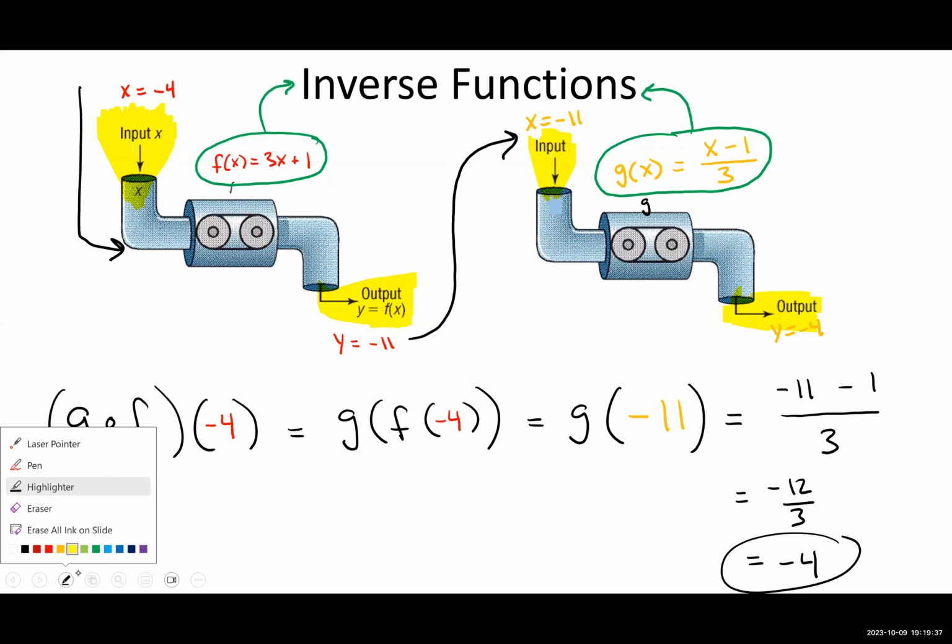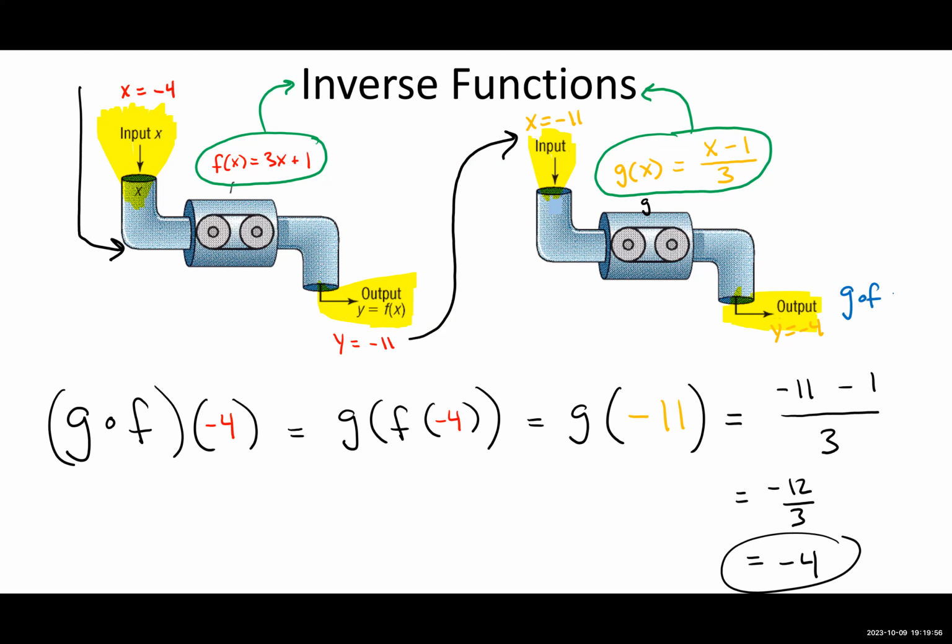Well, this over here, the second output back to y equals -4, what is that? It's not actually a y value. It is g of f.